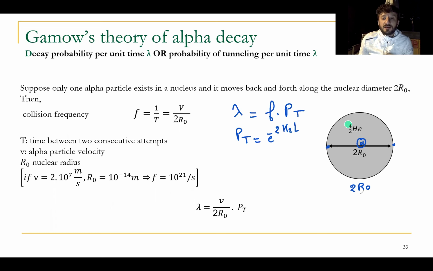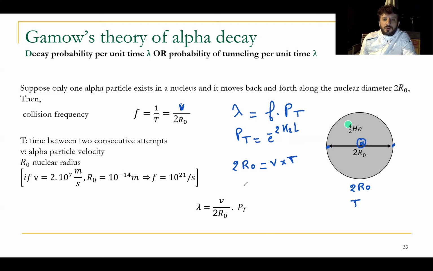The alpha particle will take a time t to pass from this point to this point. The distance equals velocity v times time t.